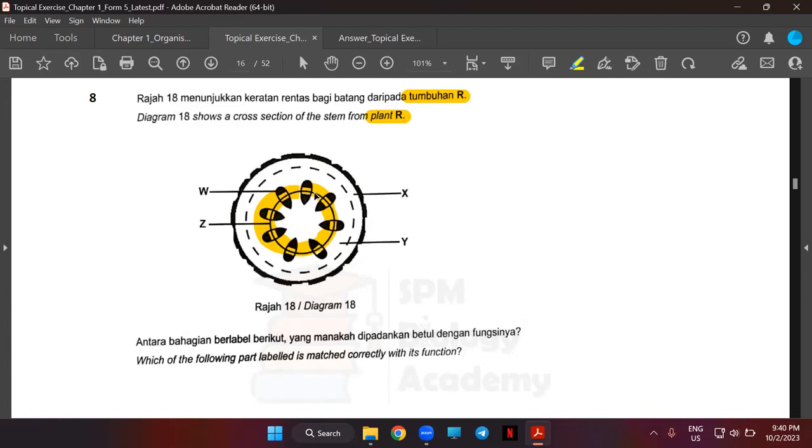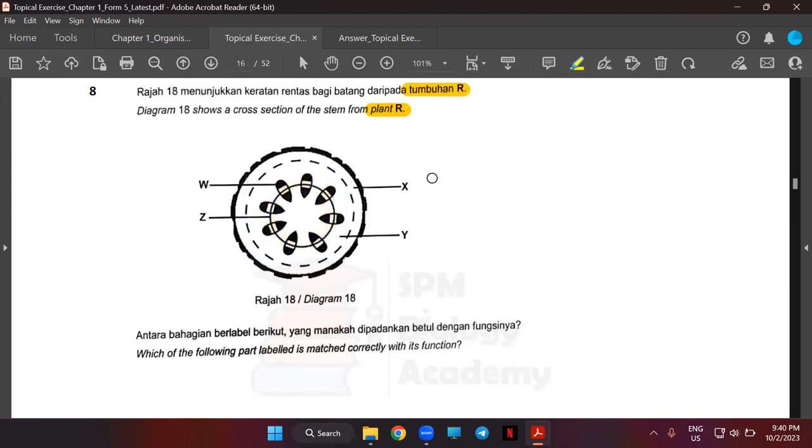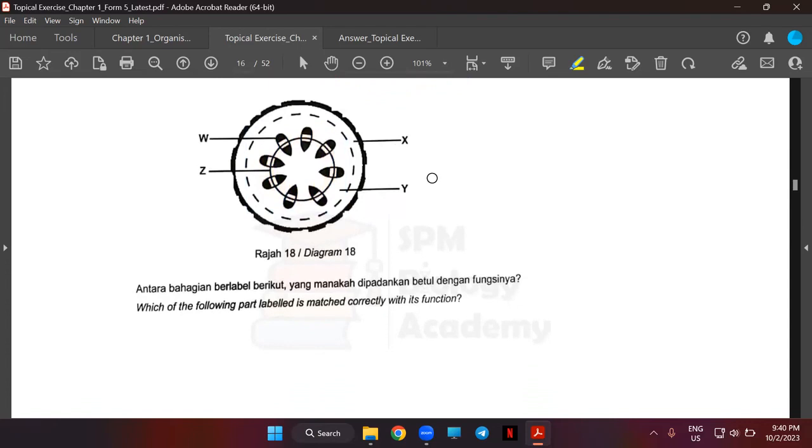This is how we know whether this is dicot or monocot. Anyhow, that is not the question. I'm just telling you. Antara bahagian berlabel berikut, yang manakah dipadankan betul dengan fungsinya? Which of the following labelled parts matches correctly with its function?